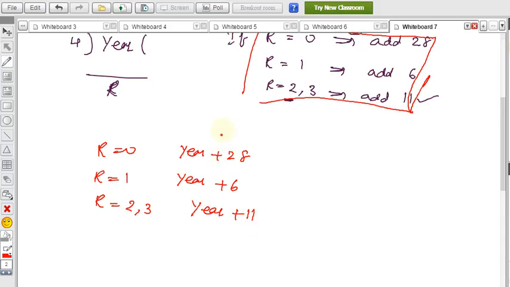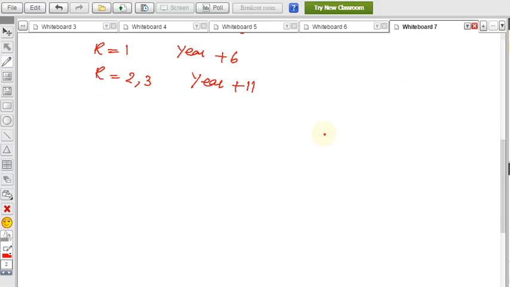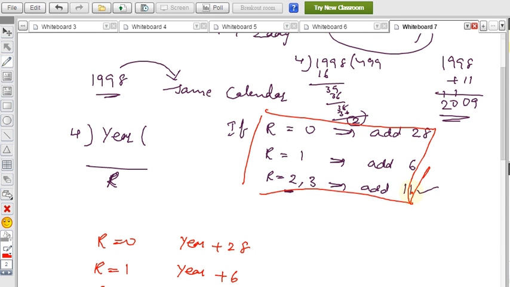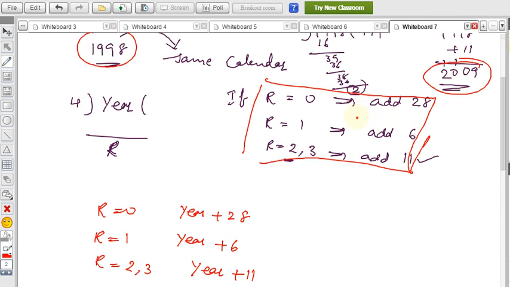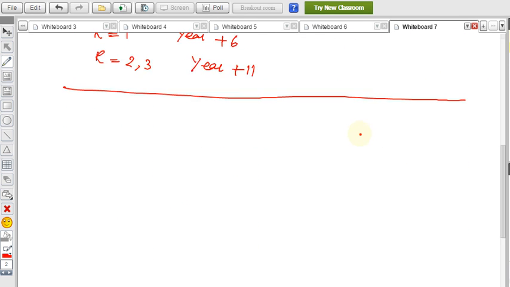Now for example, if they ask the previous year in the same type of question, it will not always come the same. In this problem, the 1998 calendar and the 2009 calendar are the same. For example, before 1998, which year has the same calendar?